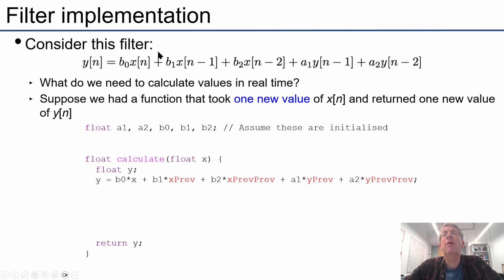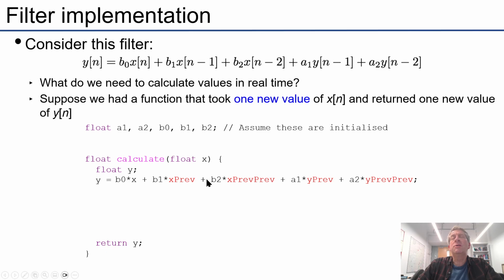But we need to keep track of x of n, and one previous x, two previous x's, and one previous y, and two previous y's. So y now is b0 times x plus b1 times x previous, and so on.